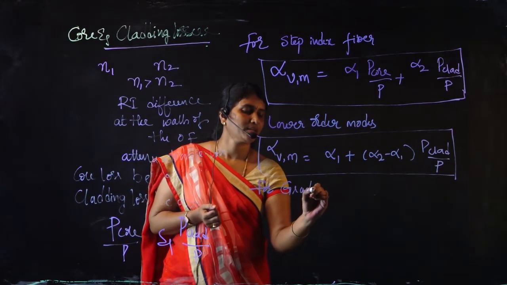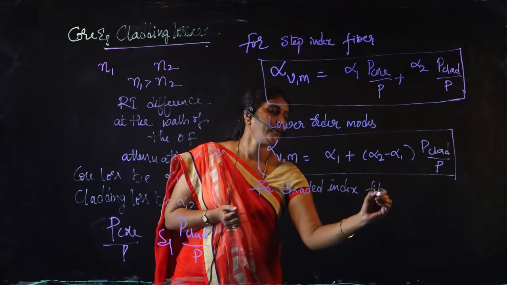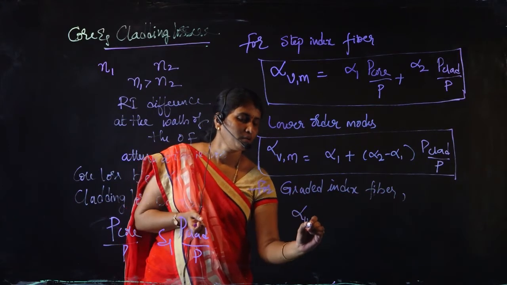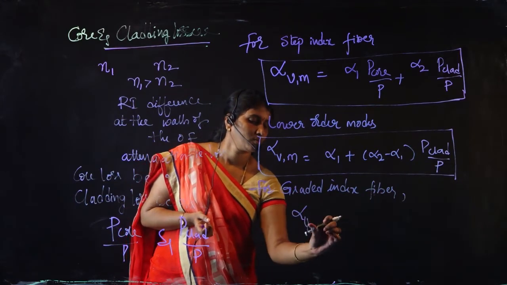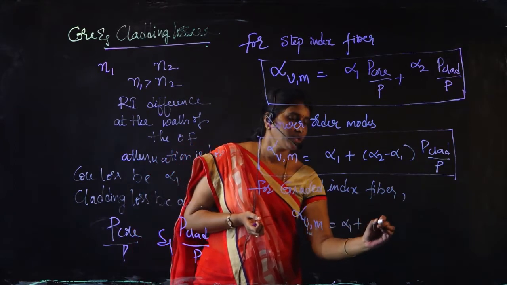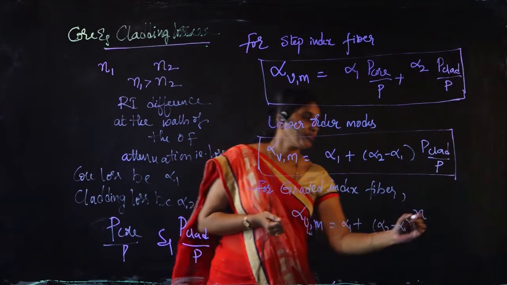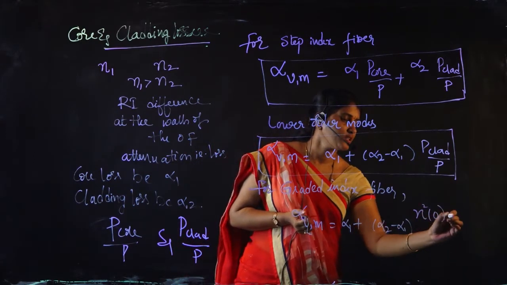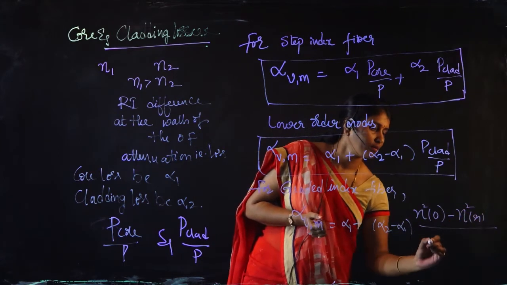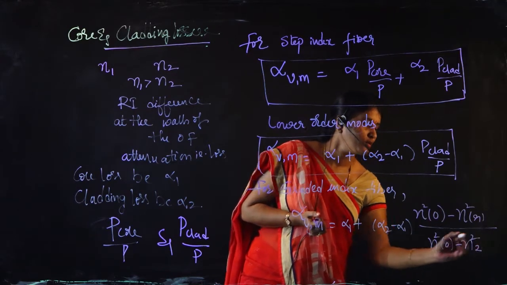graded index fiber, with lower order modes, alpha Vm equals alpha 1 plus alpha 2 minus alpha 1 into n square of 0 minus n square of r by n square of 0 minus n2 square.